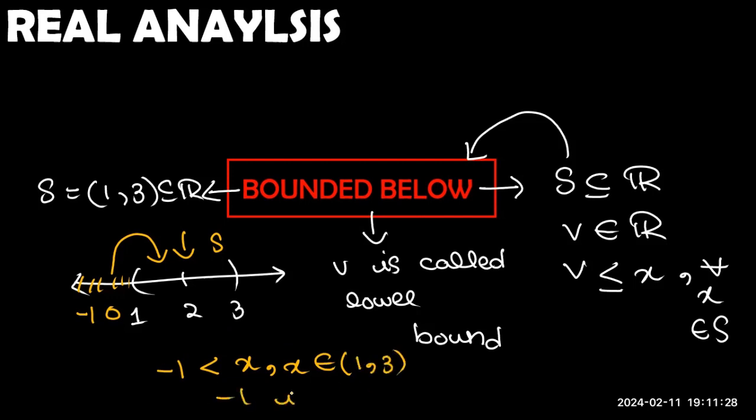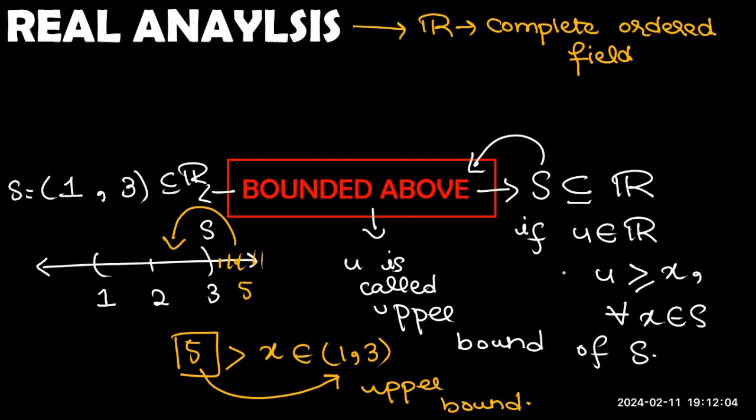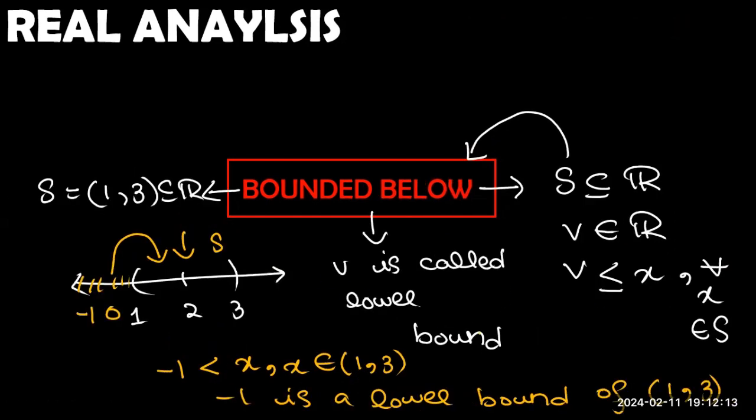So -1 is a lower bound of this open interval. Similarly, 0 is also a lower bound. So there are a lot of lower bounds, maybe infinitely many. If you find at least one lower bound, then this set is called bounded below. If you find any real number U which is greater than or equal to every element of S, then our set is bounded above and U is an upper bound, and V is a lower bound.